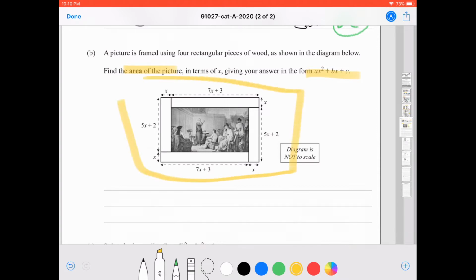So we've got this picture here with some dimensions: x, 7x plus 3, x, 5x plus 2, 7x plus 3, 5x minus 2, and again x. So it looks like the corner areas are x. And they're asking us to find the area.